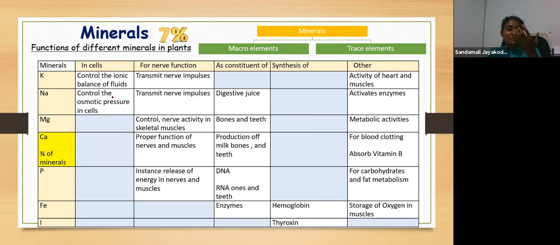So this 7% contains a large amount of calcium as mineral. That's why it is given in yellow color here.